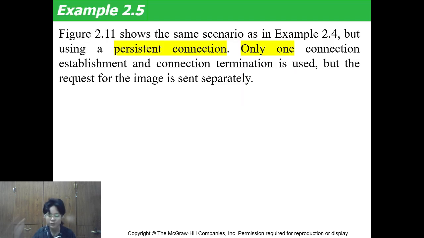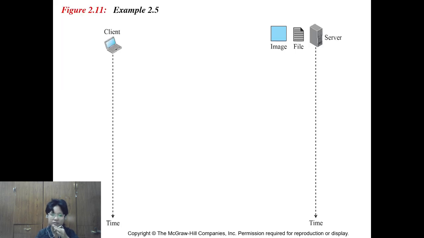In example 2.5, in picture 2.11, it shows the same scenario as in example 2.4, but using a persistent connection. Only one connection establishment and connection termination is used, but the request for the image is sent separately.